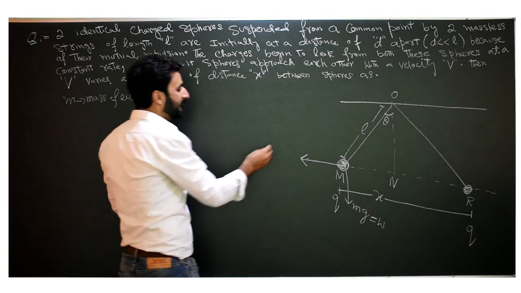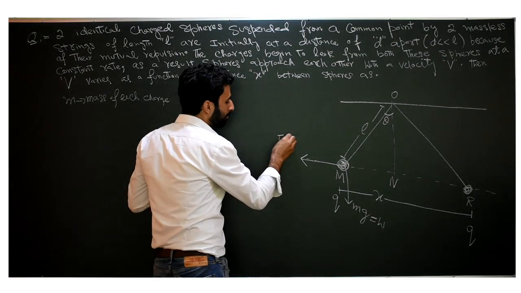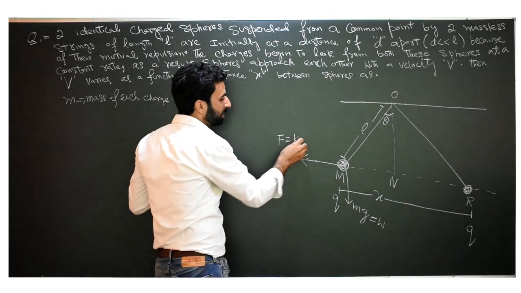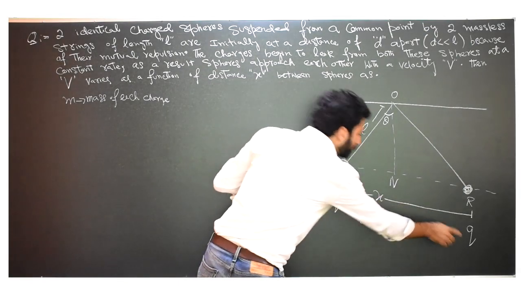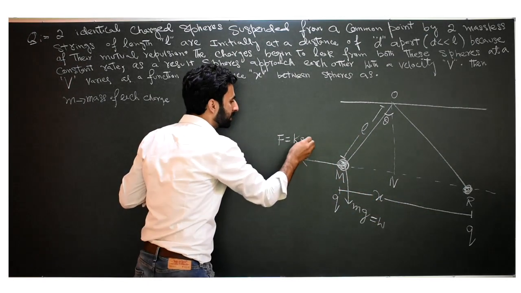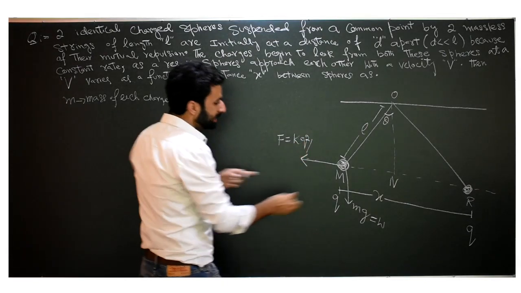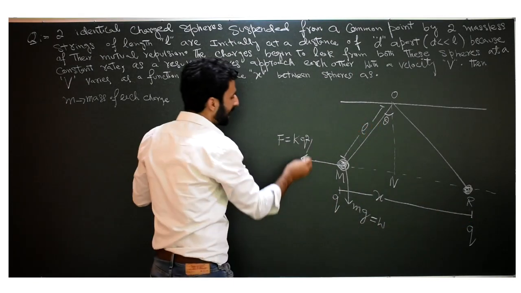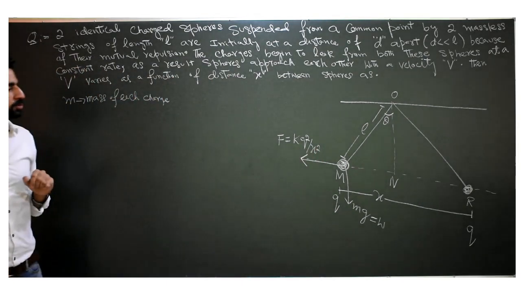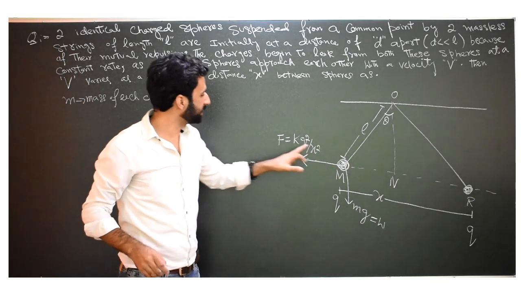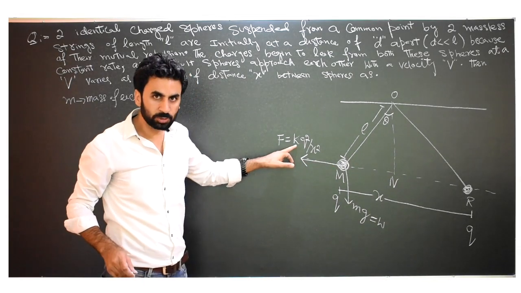And how much will that be? F will be equal to K, which is 1 by 4 pi epsilon naught, times Q1 Q2, that is Q into Q, Q squared, divided by the distance between the two charges, x squared. This is the electrostatic force of repulsion acting here, where K is the electrostatic force constant.